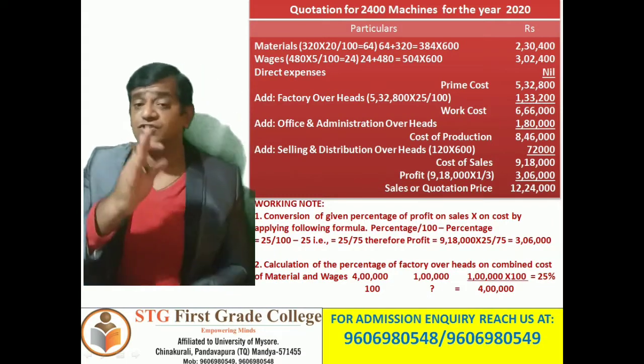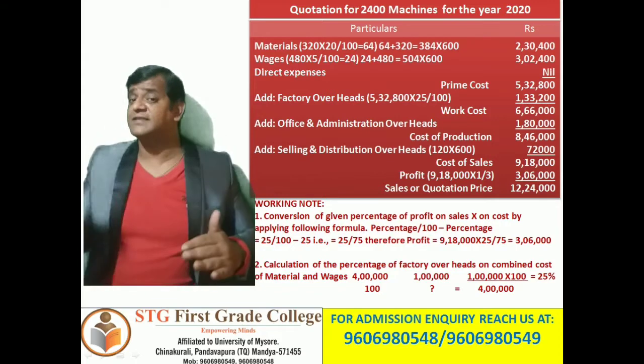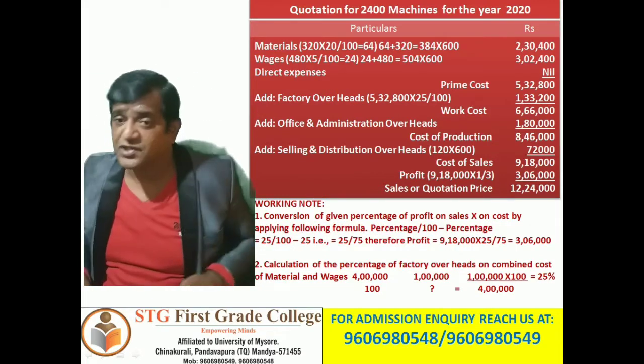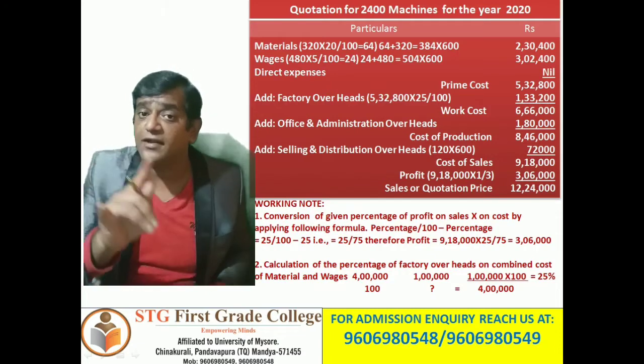That exactly comes to 64 rupees. So 64 rupees is the increased price plus the previous year price 320. Put together it comes to 384 per unit cost.